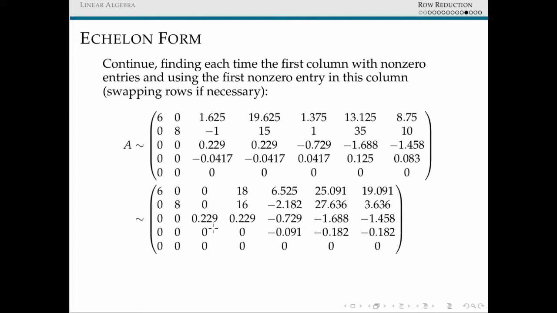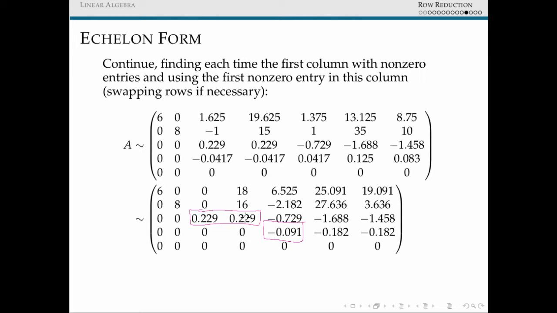Something you might notice here is that now this row actually has 2 non-zero entries sitting above all zeros. So our next leading term that appears in row 4 is all the way out here in column 5.